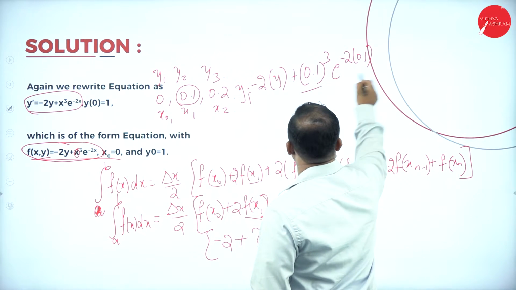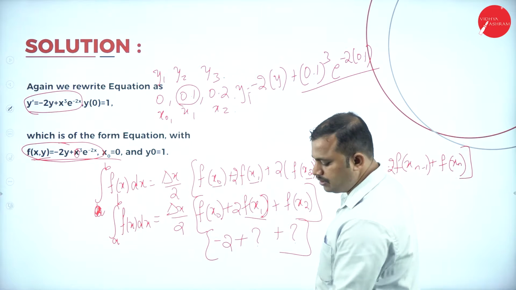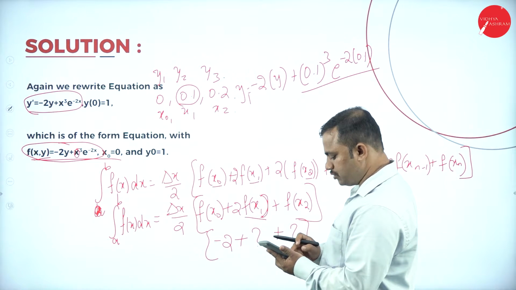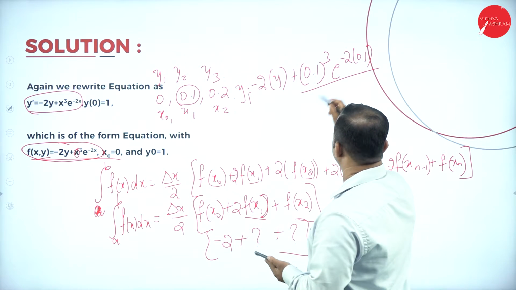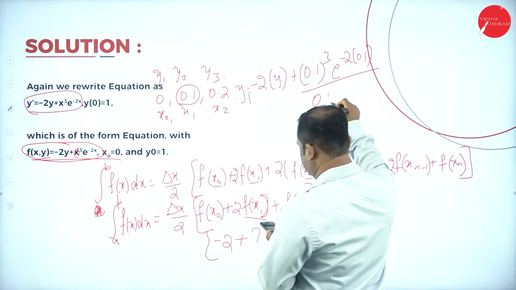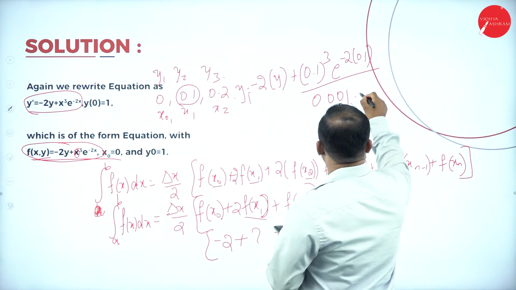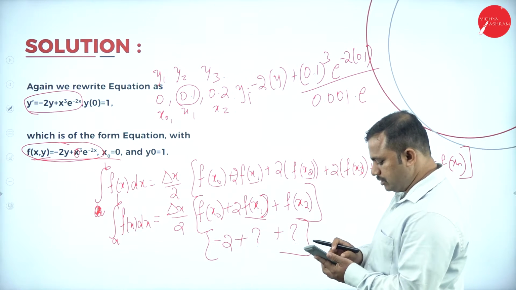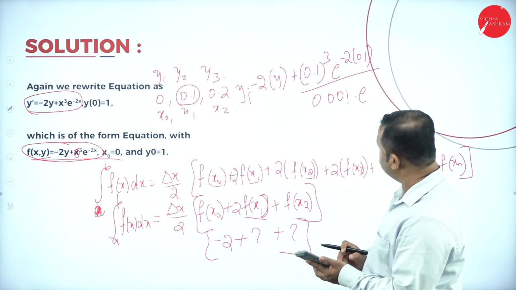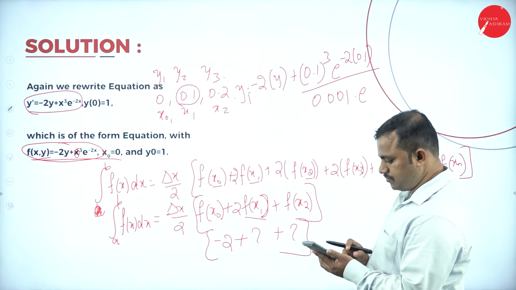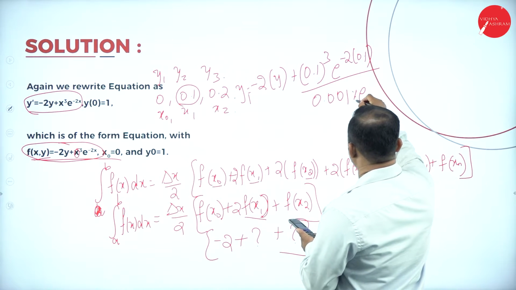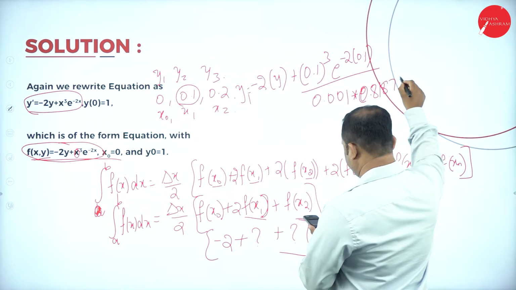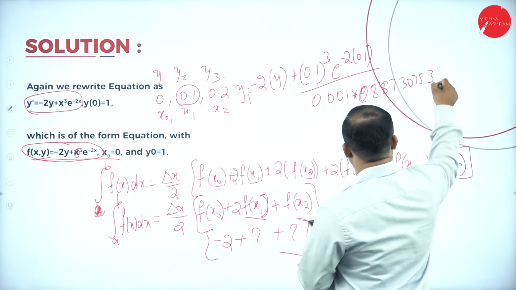So if I do this operation, 0.1 whole cube is equal to 1 by 1000, that is 0.001 into e raised to the power of minus 2 into 0.1. E raised to the power of minus 0.2 is equal to 0.8187307531.